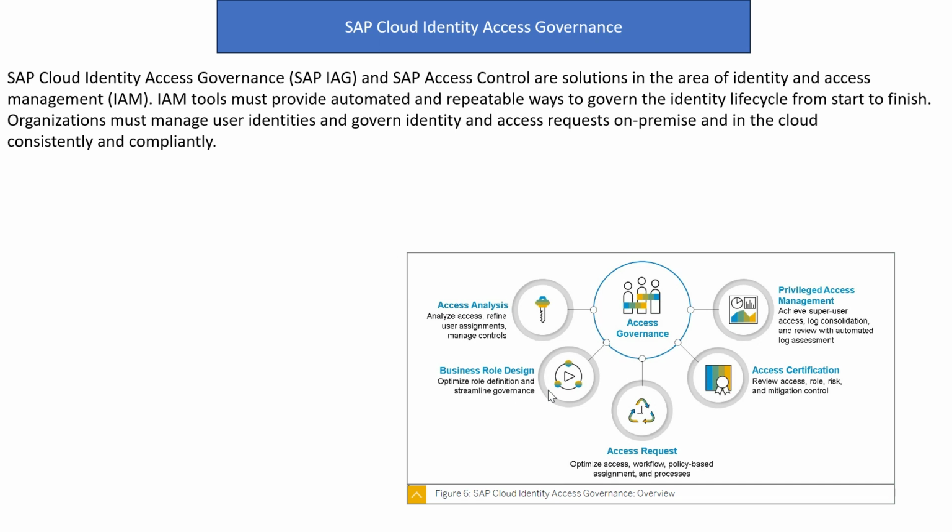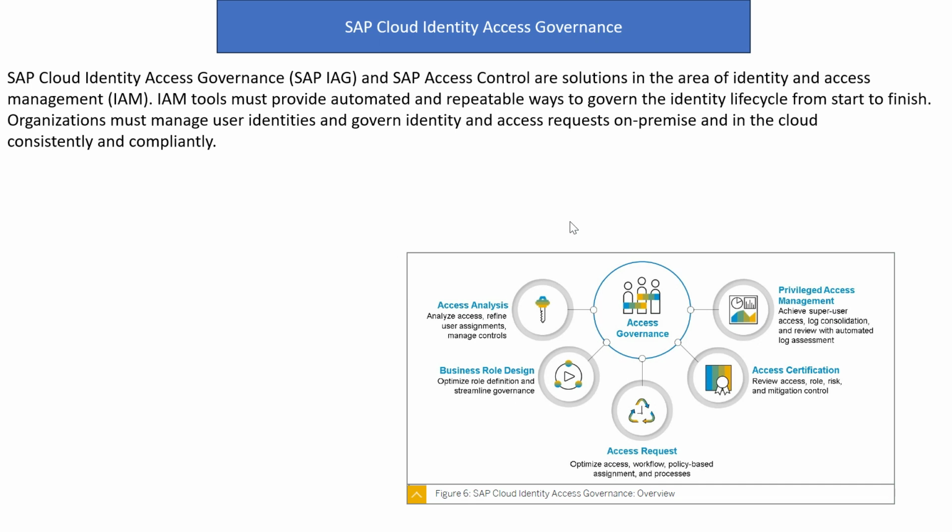Understood? So I'm just discussing the functionalities of BRM of GRC Access Control, comparing with the business role design of SAP Cloud Identity Access Governance. In BRM, we can import the roles, update the roles, and also design the roles. Coming to SAP Cloud Identity Access Governance, we can design business roles. Understood?